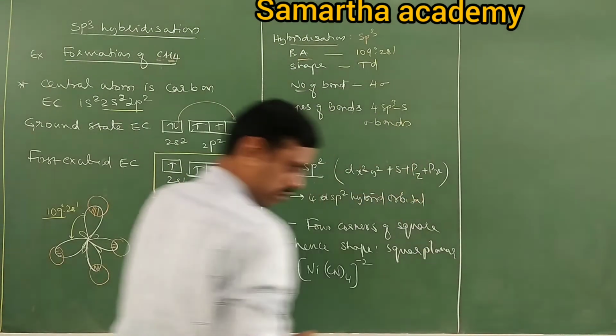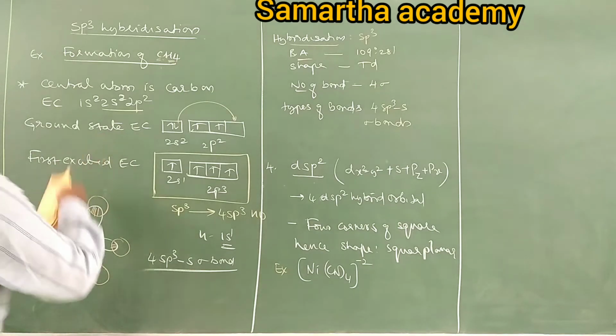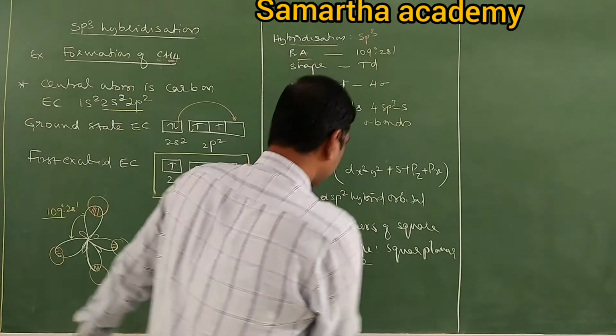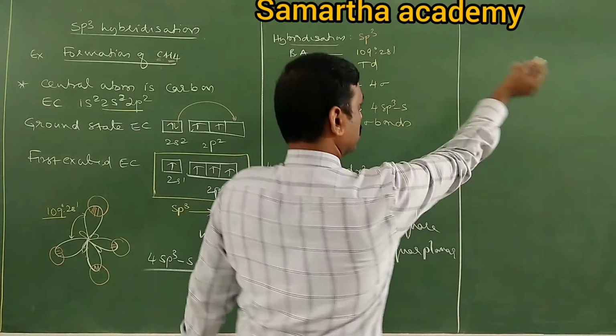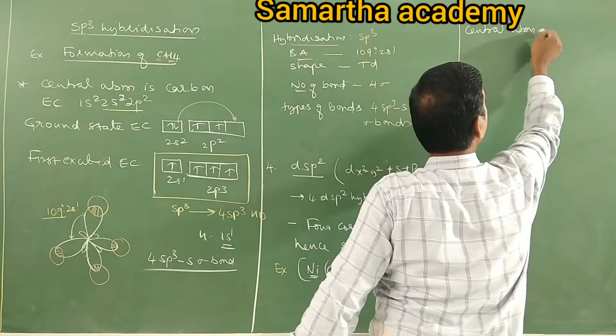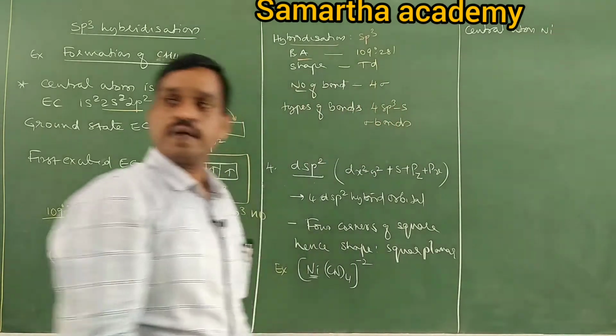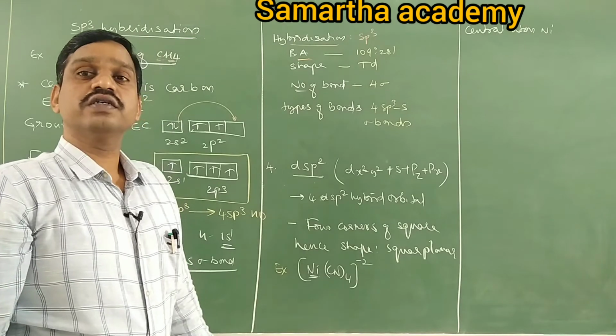If you see the structure of the complex compound, come on, tell me. Here the central atom is nickel. What is its atomic number? Nickel atomic number is 28.